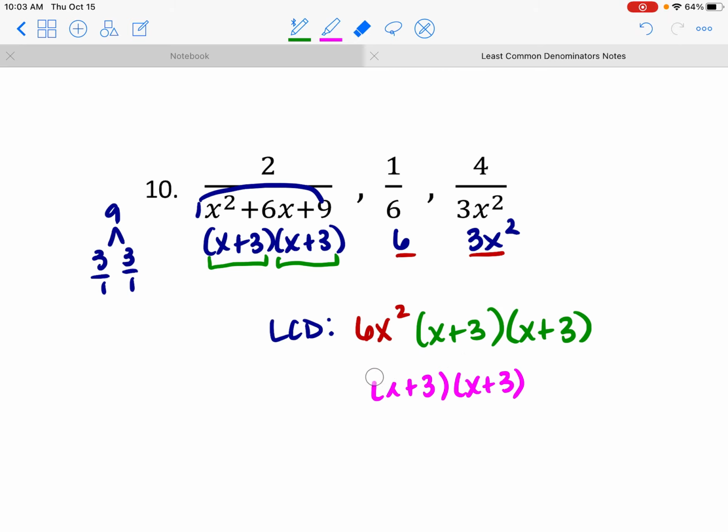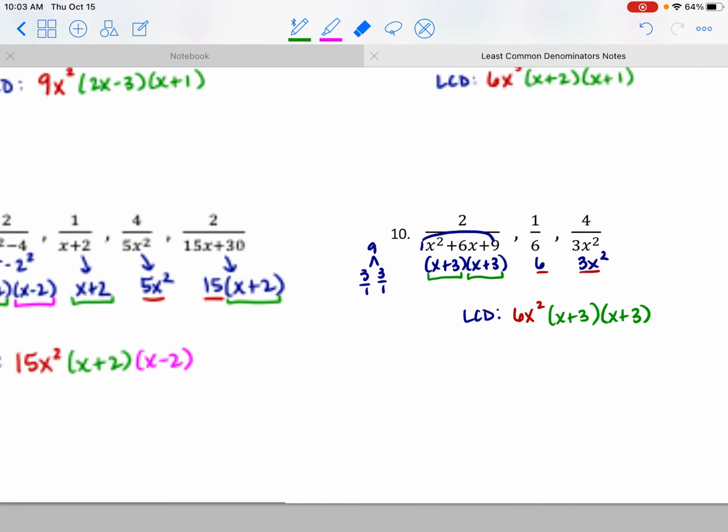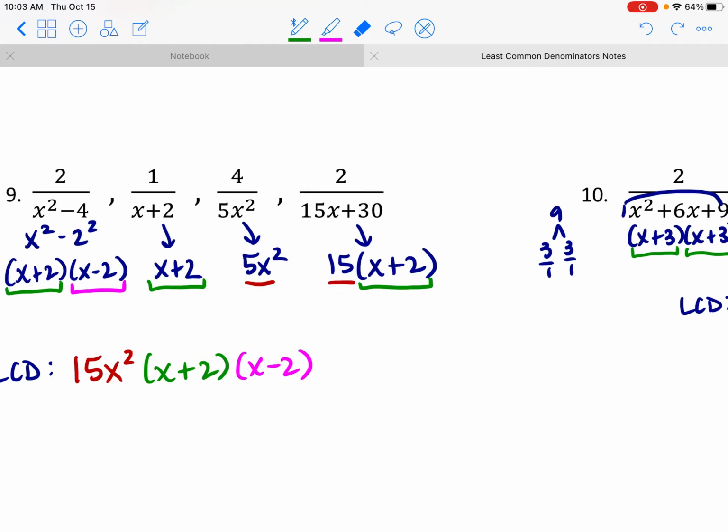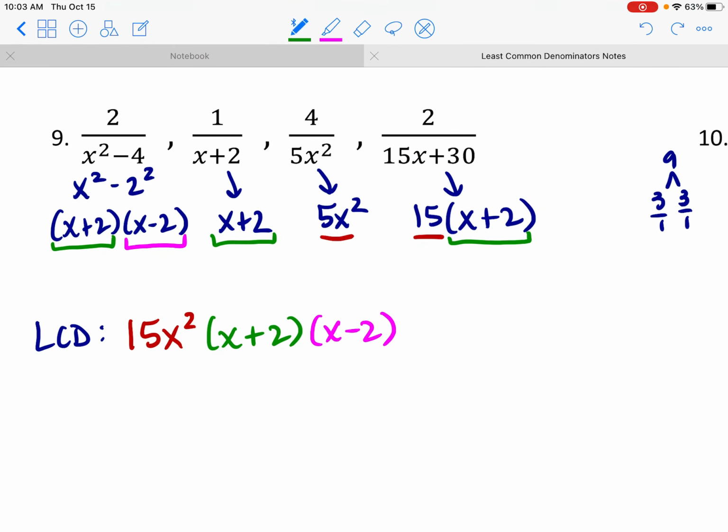Now, why did I have to have it in here twice when in the other cases I didn't? For example, in the very previous problem, I see x plus 2 once, twice, 3 times, and I only had to put it once in the common denominator. Why is this one different? Well, if we look at what's happening here, when I go to divide by my first denominator, it's an x plus 2 and an x minus 2.